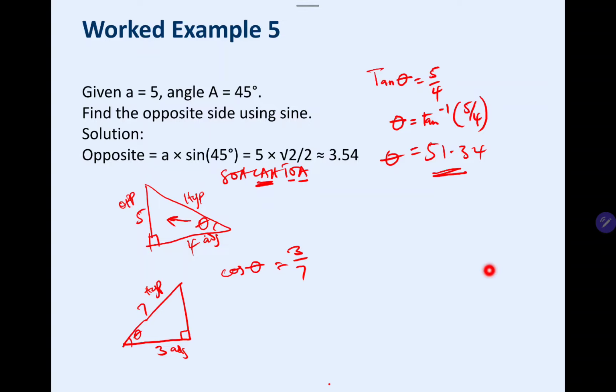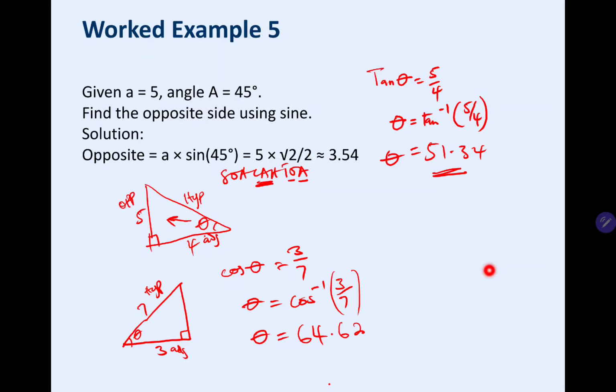All right. So to get theta, you just have to use your calculator again to find the arc cosine of 3/7, and in this case theta is equal to 64.62.